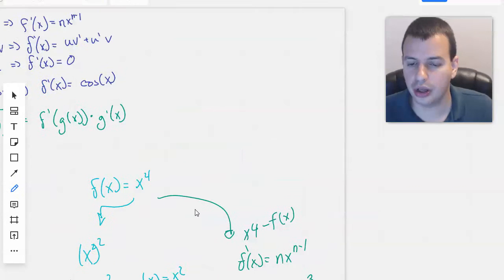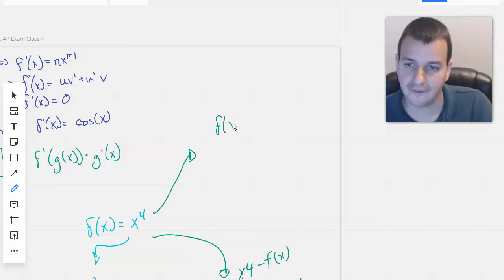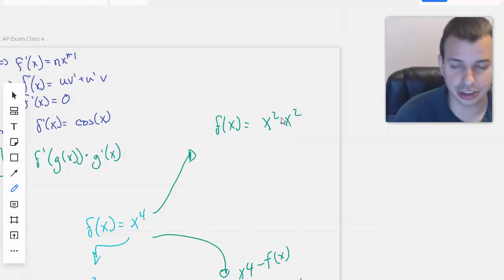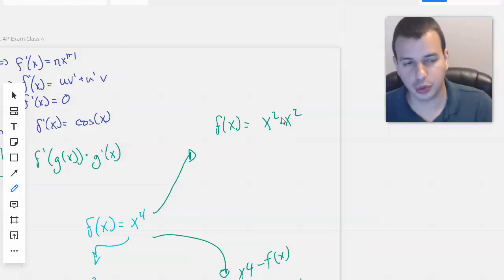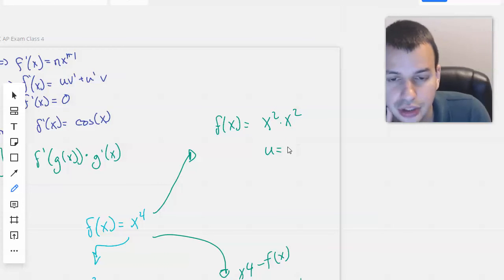So let's look at this one other way then. We could take our x squared squared, and that just is f of x equals x squared times x squared. We could also do x to the first times x cubed, but we're going with the squared thing, so let's keep going. We could say u equals x squared, v equals x squared.